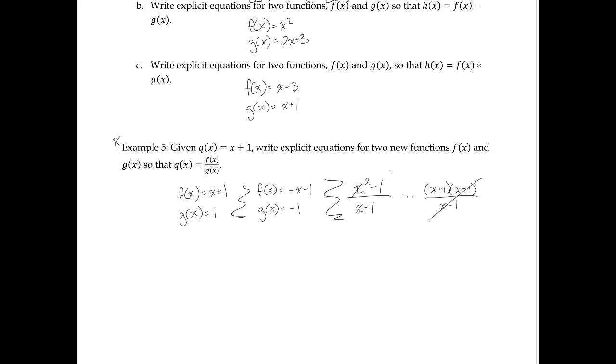The only problem with this as an option is that it would have to have a restriction in the domain of x cannot be 1, and we're not told that for Q, so this technically is not your best answer. Don't do that. Go with these instead, where we don't have that variable in the denominator making further restrictions on our domain. So that's this lesson.